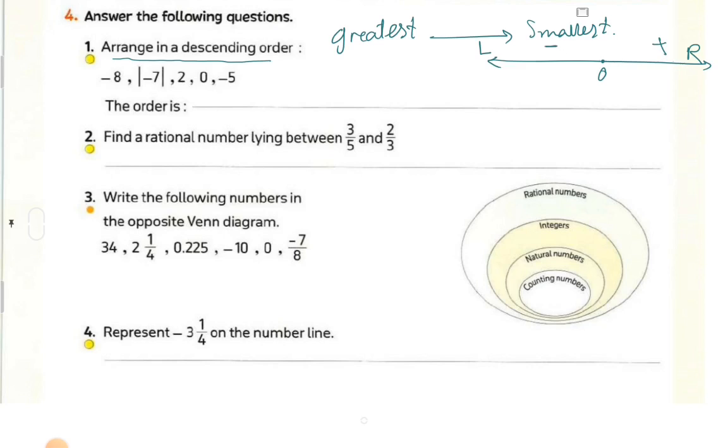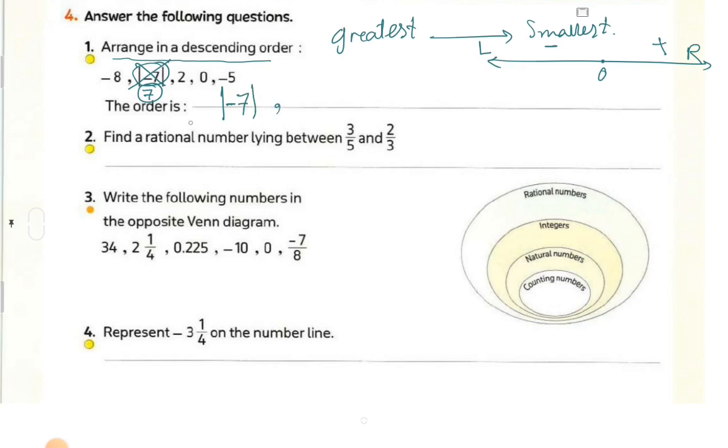Okay. Here we have -8. Here we have absolute value of -7, equal 7. Don't forget. We have -8 and 7, 0, -5. To start from the greatest, start from the positive. Positive we have 7 and 0. Start from 7, but write it as he gave us, absolute value of 7.